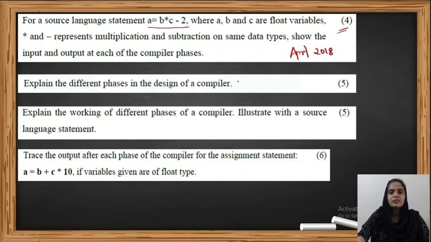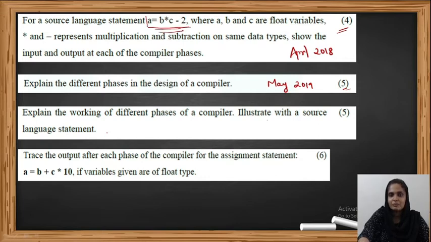Okay, and this phases of a compiler is again asked in May 2019. But here only the theoretical portion is asked, and it's a 5-mark question. Now the third question, look here: explain the working of different phases of a compiler, illustrate with a source language statement. That means you have to take a statement as an example, just like this statement, a is equal to b star c minus 2.